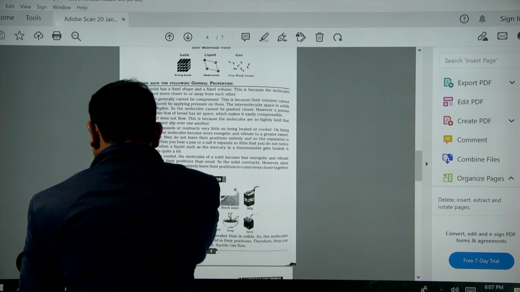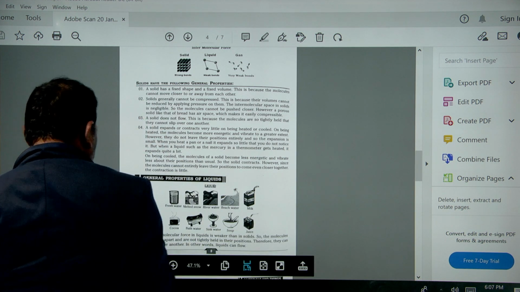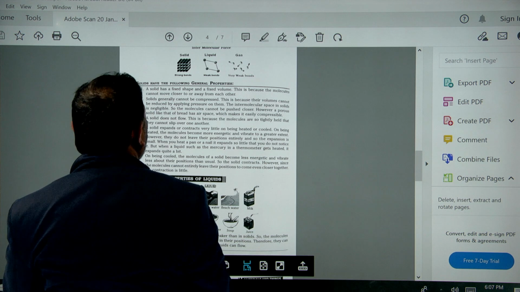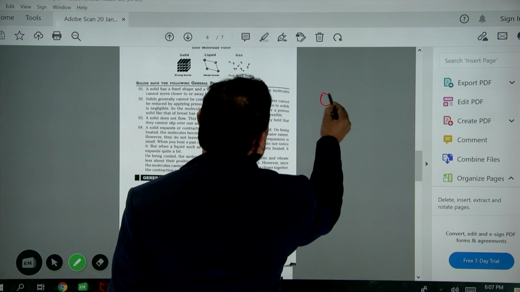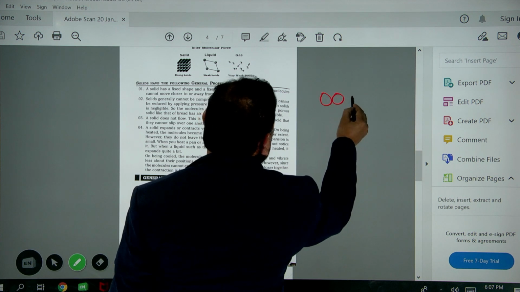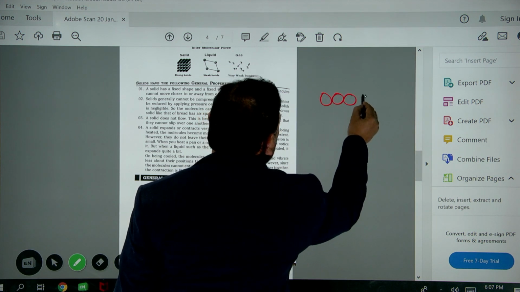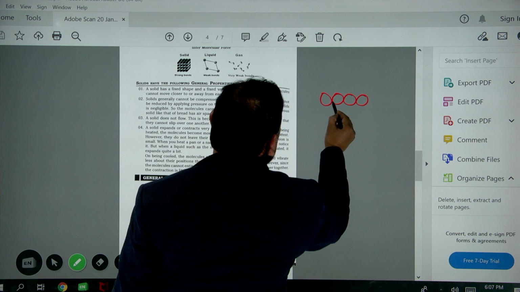So here the molecules are very closely packed, and there is no gap.